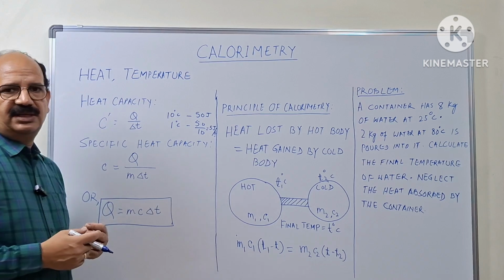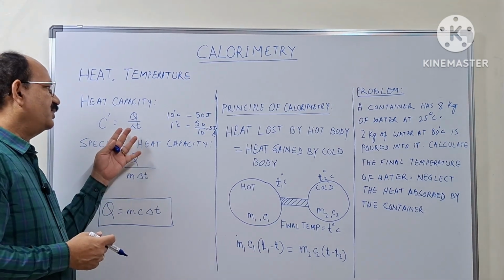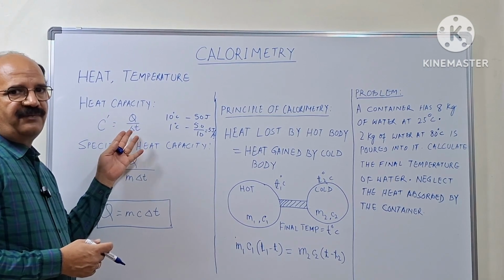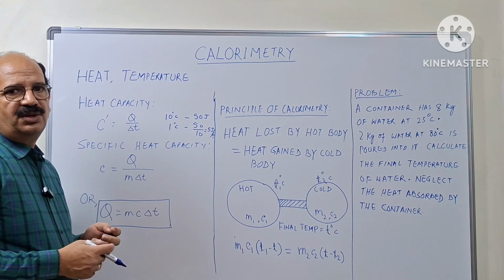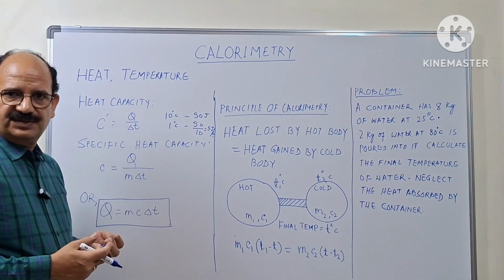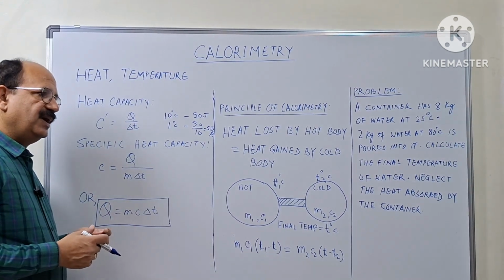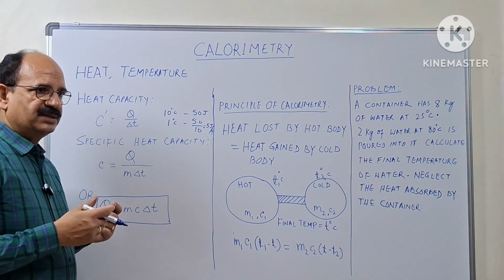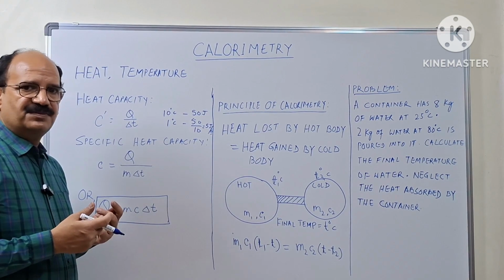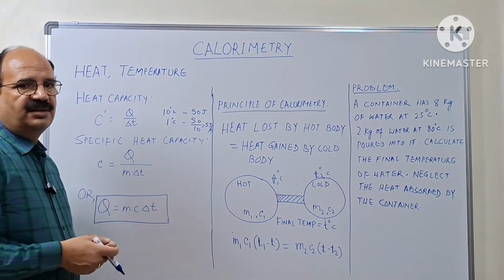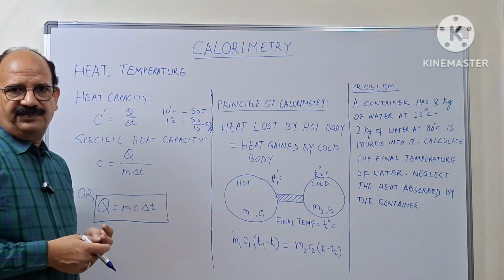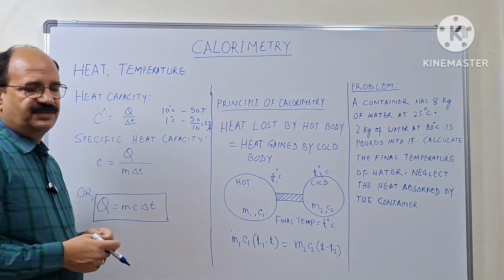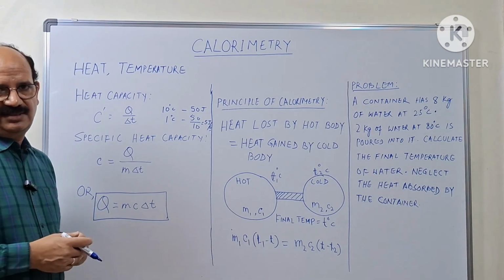In other way, we can say that if I have to increase 1 degree Celsius temperature of a substance which is maybe of mass 5 kg, and if I have to increase the temperature of a substance which is same type of substance but is double of mass, then I'll have to increase the heat to double. So it is not independent of the mass, and that is where the specific heat capacity comes.